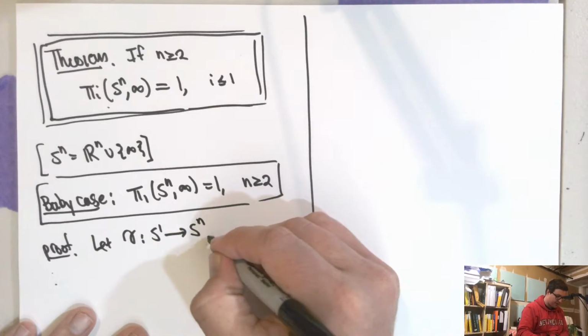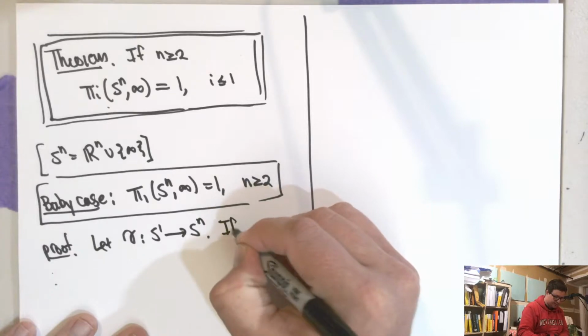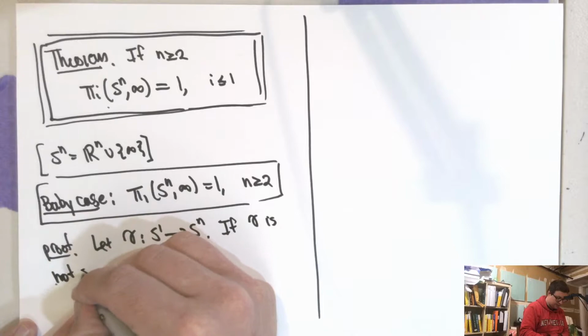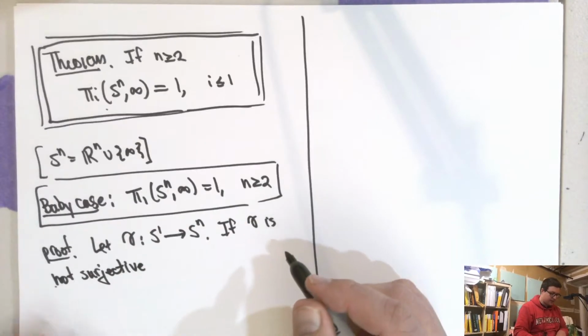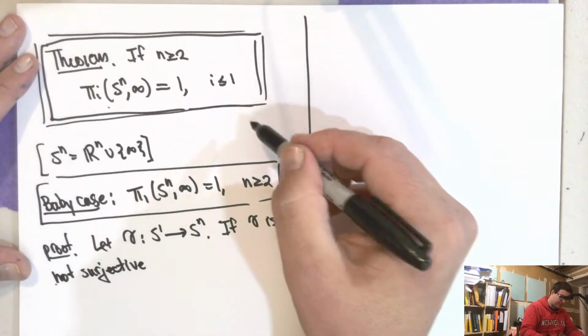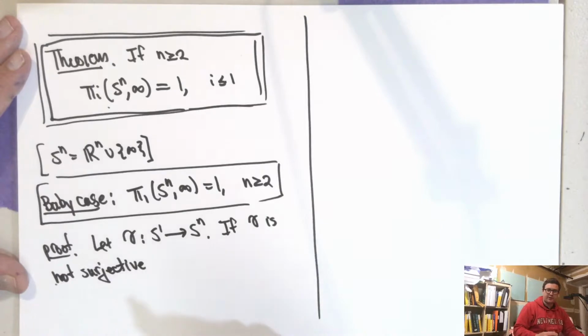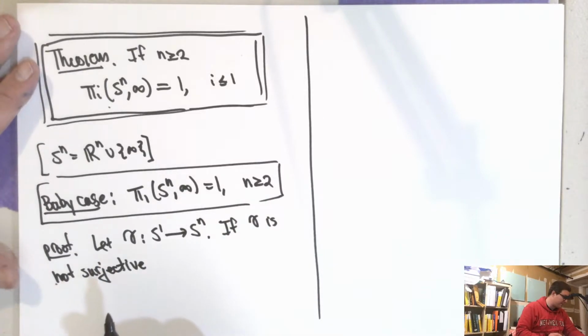If gamma is surjective, that would be crazy, right? Your curve would be going all over the place, which seems highly unlikely. Later we're going to prove that none of them are surjective.